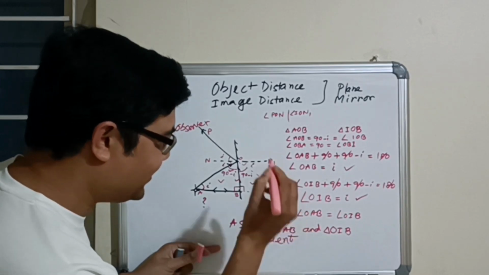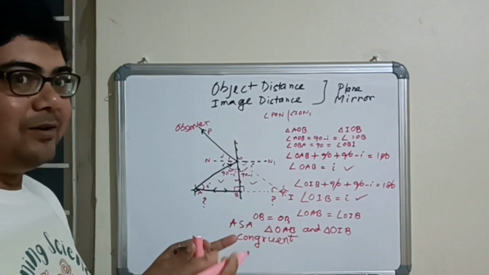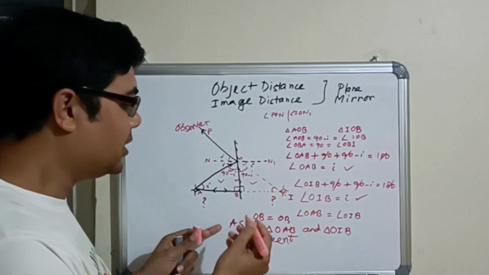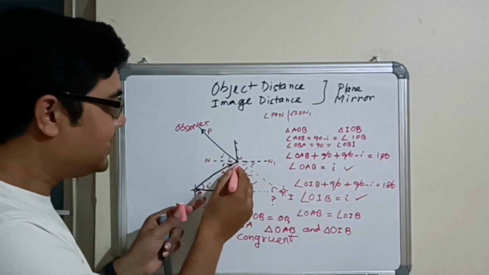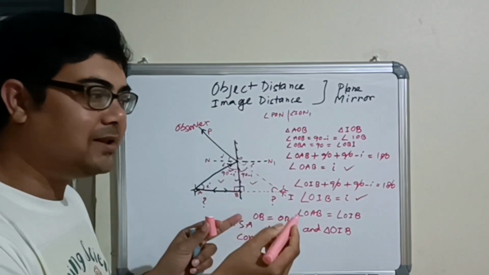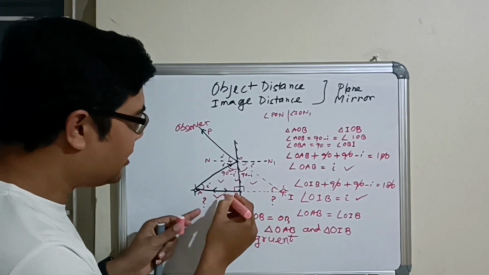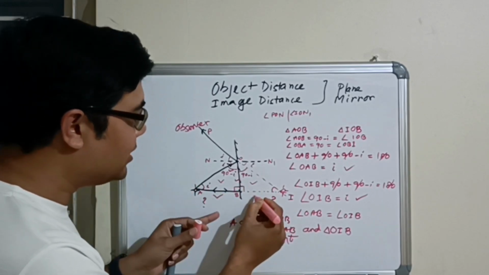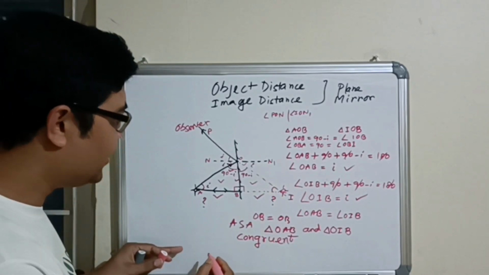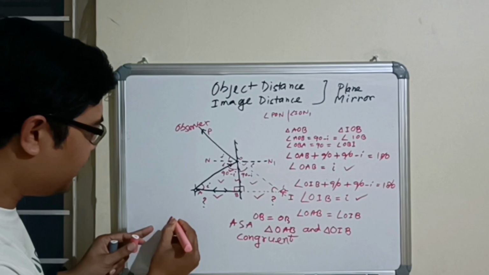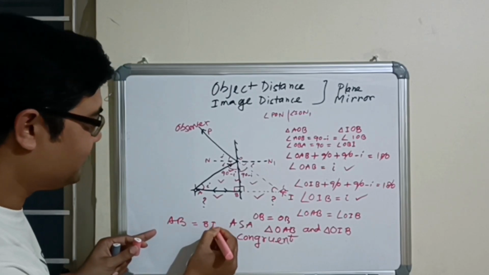Congruent means two triangles are congruent if angle, side, angles are equal. Therefore, it can be proved this line or this distance must be equal to this distance because they are congruent. Hence, we can write AB must be equal to BI.